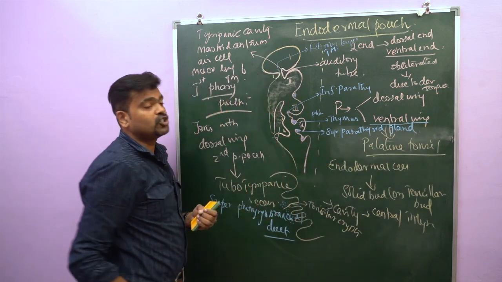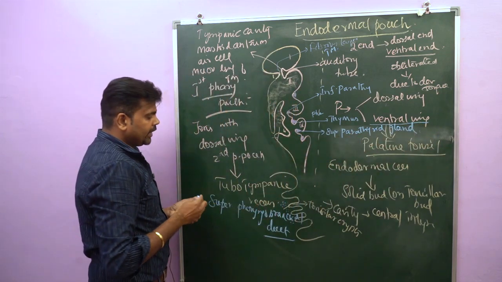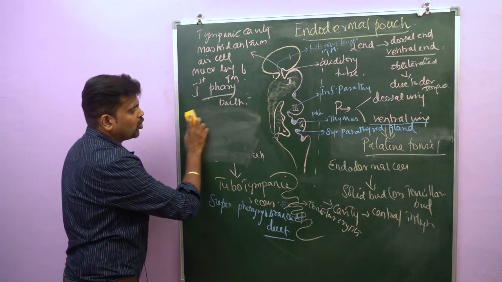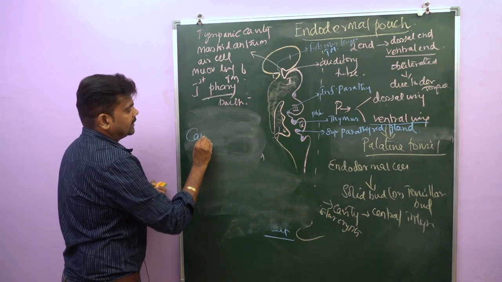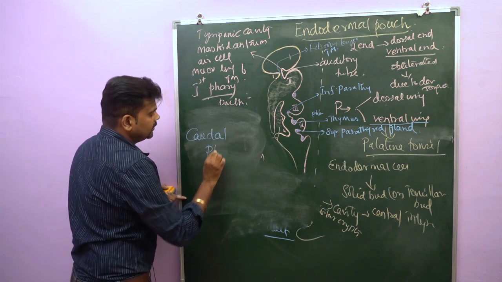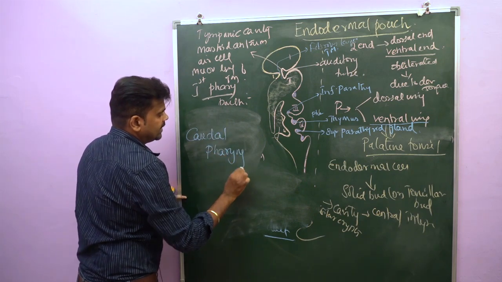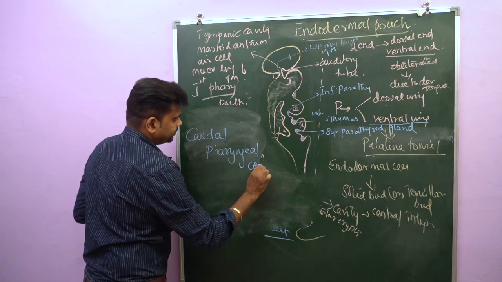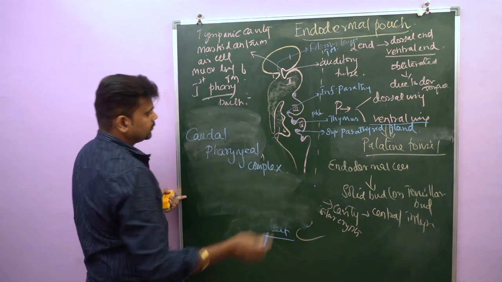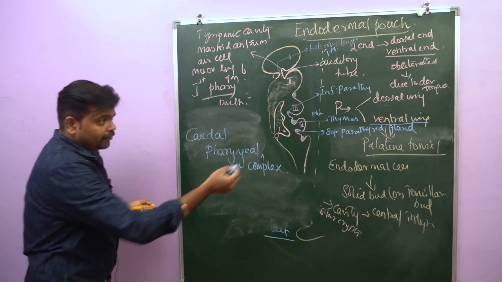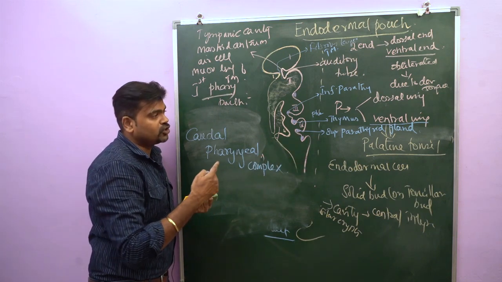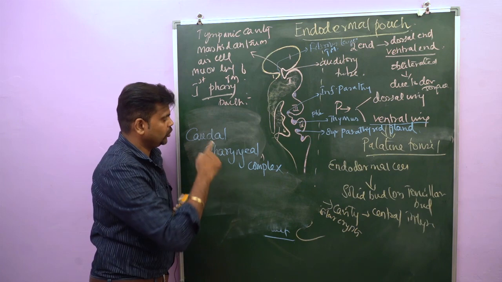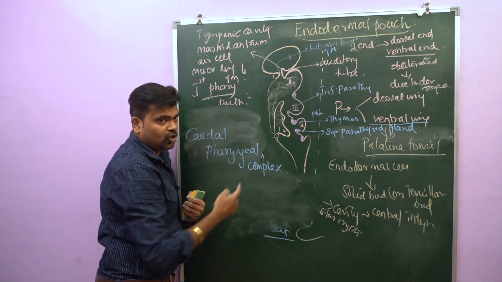The ventral wing joins with the fifth pouch to form one important complex, the caudal pharyngeal complex. So the ventral wing of the fourth pharyngeal pouch joins with the rudimentary fifth pouch to form the caudal pharyngeal complex.